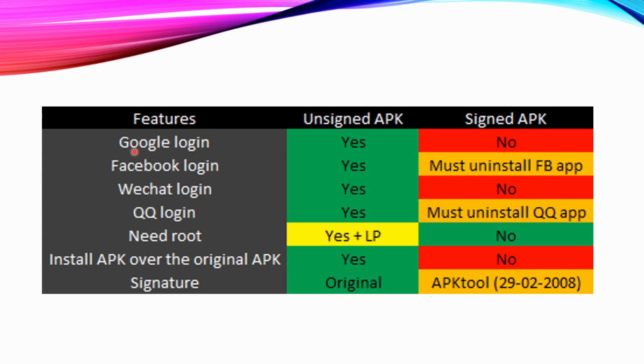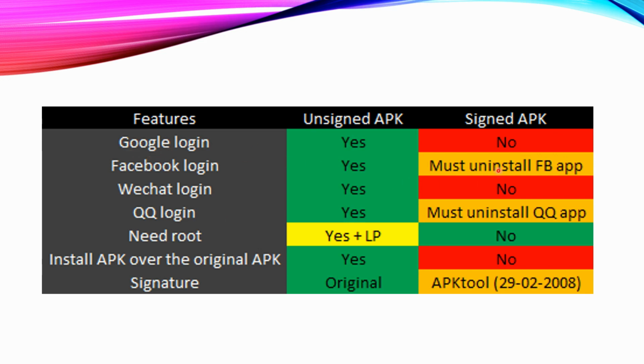With an unsigned APK, you could log into Google, Facebook, WeChat login, and it requires root and Lucky Patcher. You can also install over the original APK with the original signature. With a signed APK, with a signed testing key, you can't log in to Google Plus.